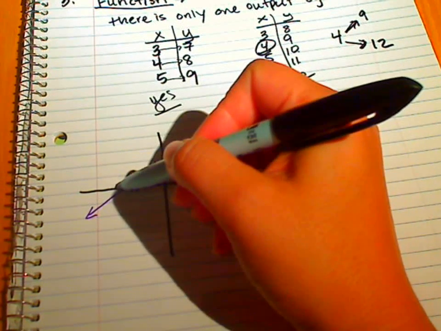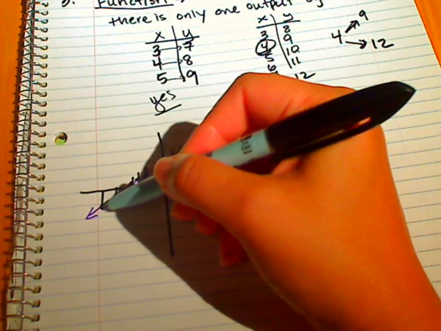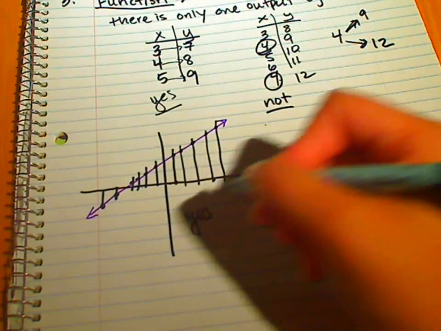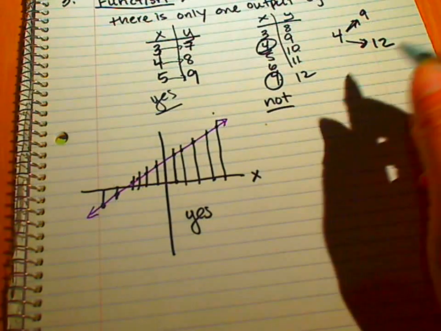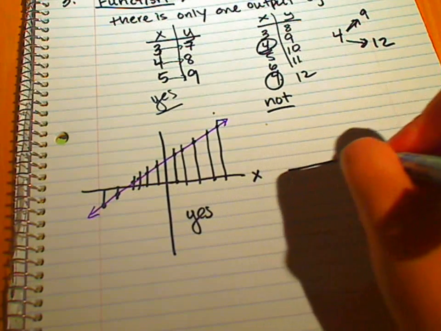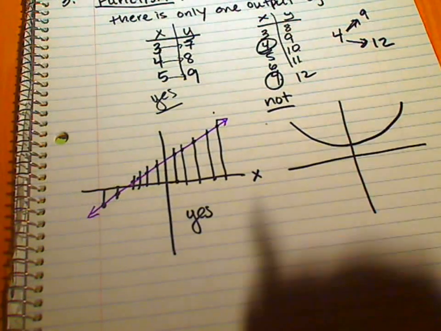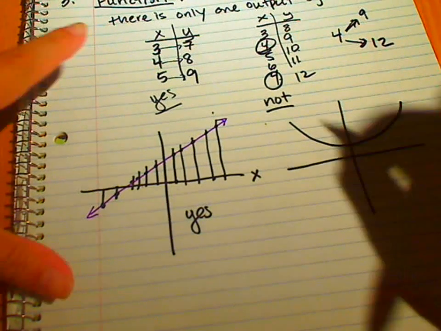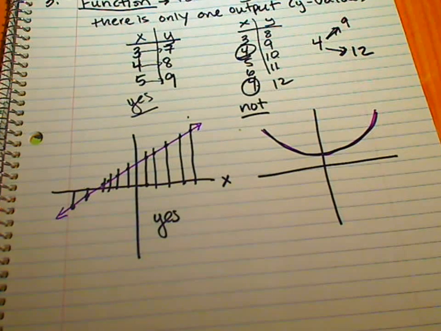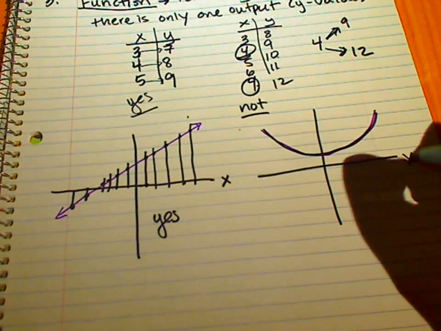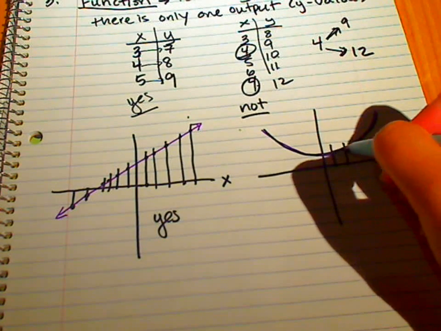Now, these graphs can also be under, so if I have an x value here, I could go down and hit the graph once there. So yes, this is a function, because every time I pick an x value and I draw it to the graph, I'm only hitting it once. Even if I pick all on here, I go up here, I only hit once, hit once, hit once.